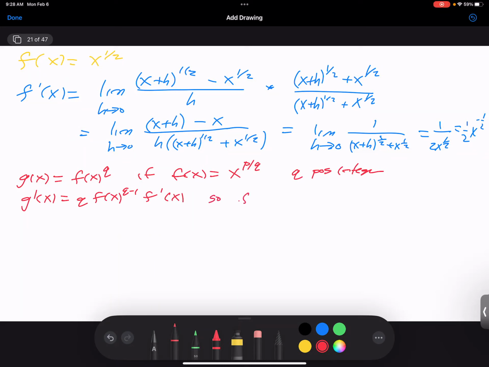So f prime of x is going to be g prime of x divided by q f of x to the q minus 1. But g of x is f of x to the q. What would g of x equal?